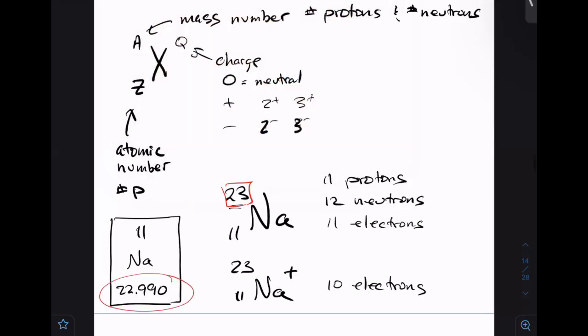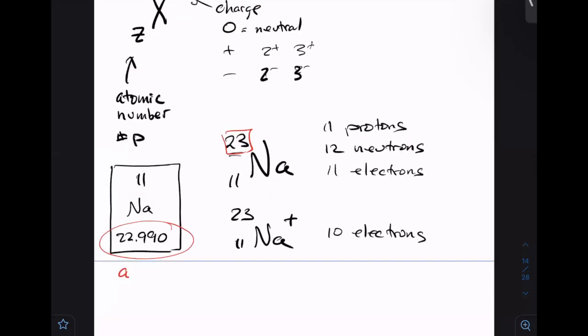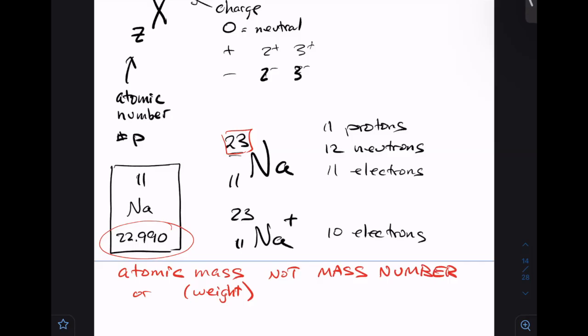This number here is what we call the atomic mass. Sometimes it's called the atomic weight, but I like to call it the atomic mass. Those terms are used interchangeably. It's not just the mass number, right? Although you might be confused about that. And hopefully I will erase that confusion today.